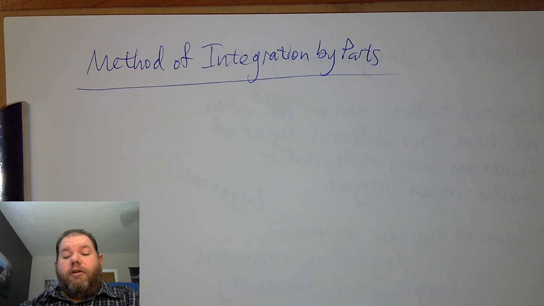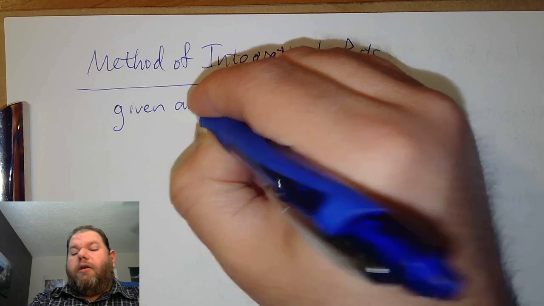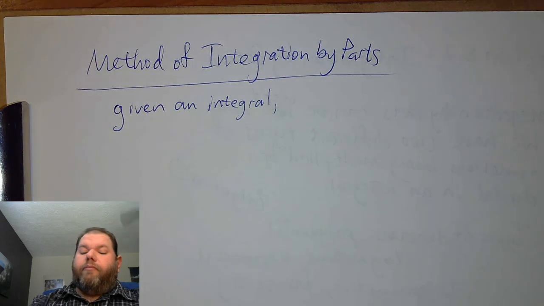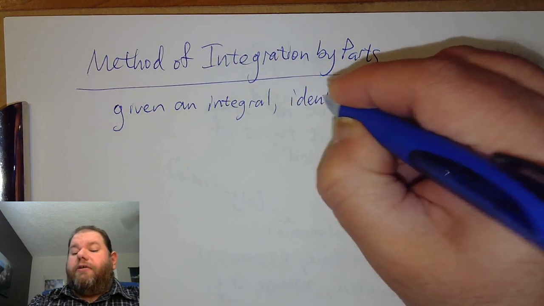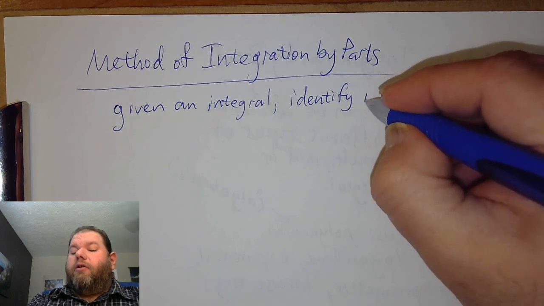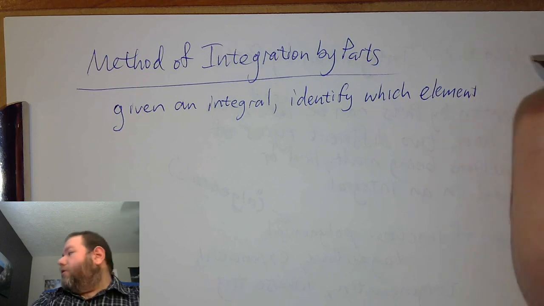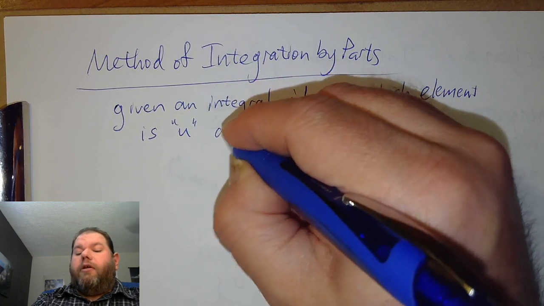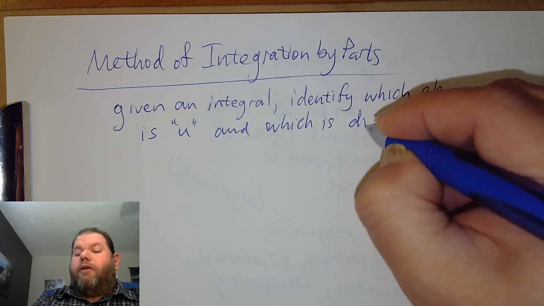Now, in an integral, so let's say we're given an integral, there's going to be two elements to this integral that we want to identify. We want to identify which element is called u and which is dv.